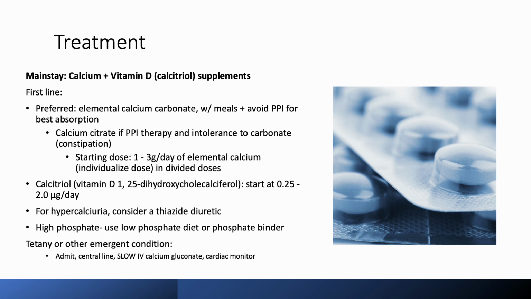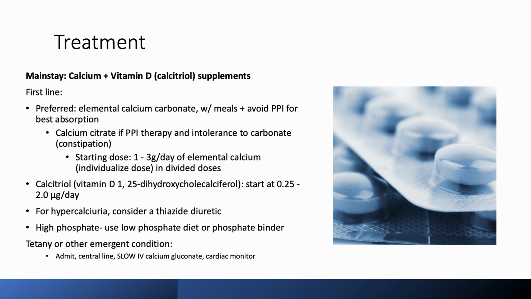Unfortunately, the calcium carbonate is not always tolerated because of constipation, so our second line is going to be calcium citrate. If they have PPI therapy that you cannot get them off, like most of my older patients that have been on it for way too many years, then your elemental calcium is not going to be absorbed well. So go ahead and use calcium citrate.